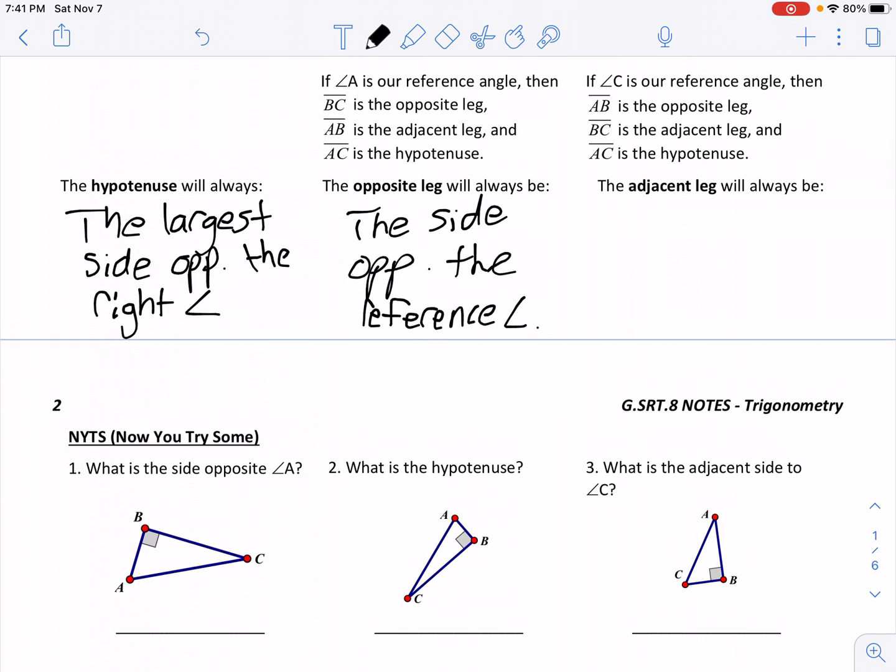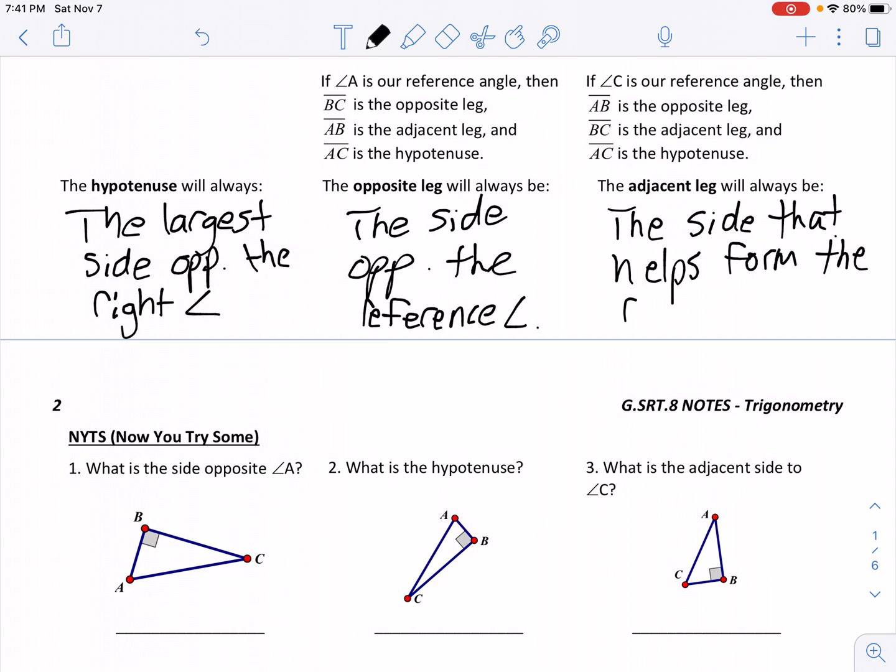And for the adjacent leg, we could use the term adjacent, but sometimes I don't think people quite understand what that means. We could say it's the side that is adjacent to the reference angle, but to help you understand, it's the side that helps form the reference angle.